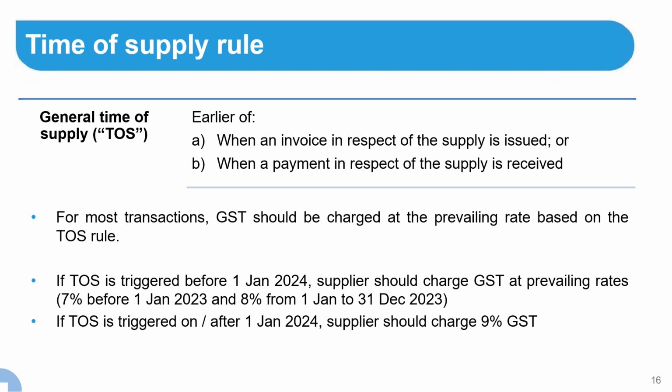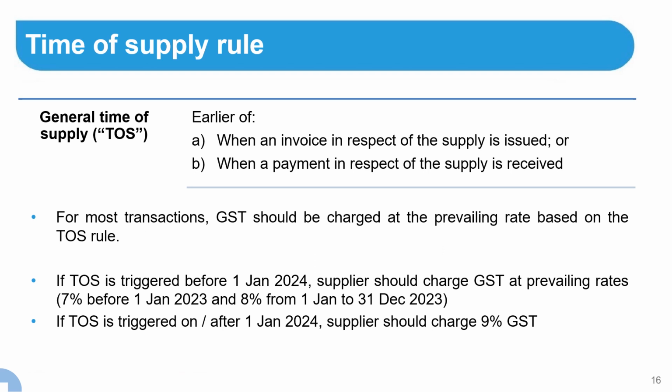The time of supply rule is important as it determines when the supply is treated as having occurred for GST purposes. For most transactions, the time of supply will be the earlier of when an invoice is issued or when a payment is received. The GST rate chargeable on the supply will be the prevailing rate at the time of supply.